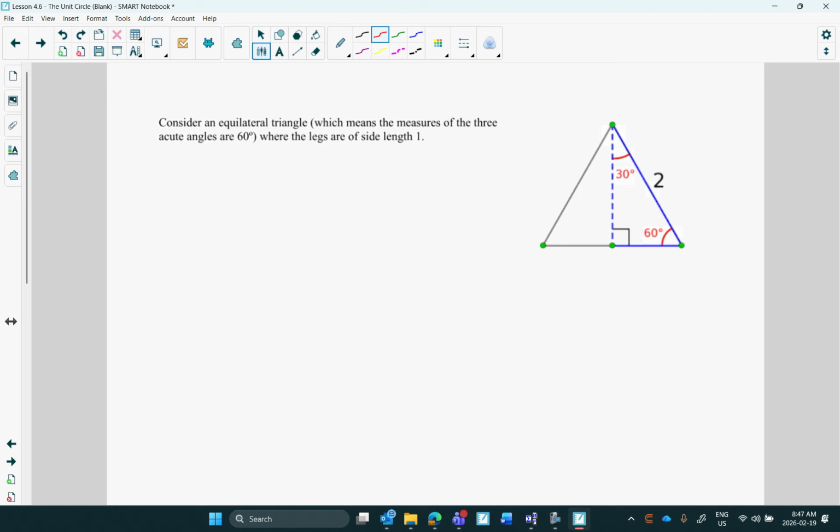Remember, an equilateral triangle has all sides the same, and it also has all angles the same. Well, all the angles are the same, so they have to be 60 degrees. Right? So that means that this is 2 and this is 2.